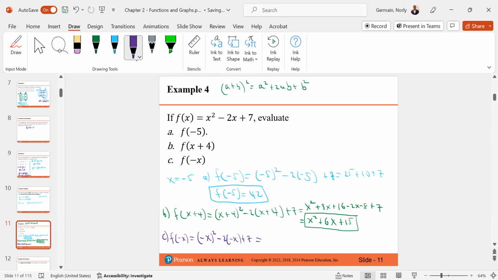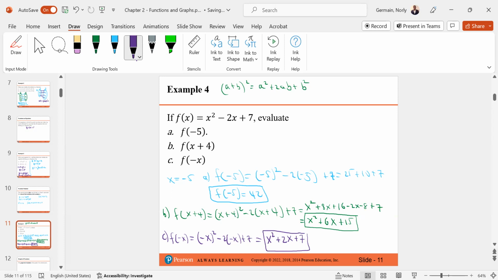Any negative number raised to an even power, like power 2, 4, 6, 8, etc., would be positive. So negative x to the power 2 gives you positive x squared, and negative 2 times negative x gives you positive 2x plus 7. Nothing to simplify here, so we would conclude this.